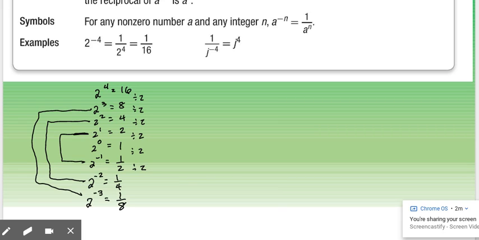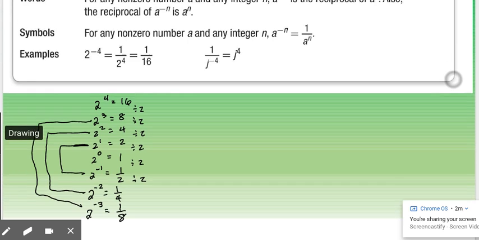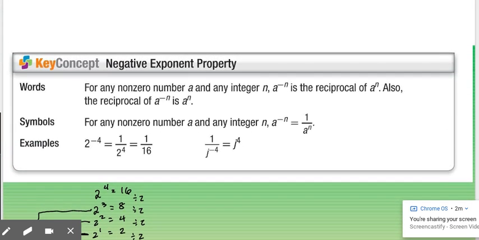Now, the majority of the time, guys, you are going to see a negative exponent, and it's going to be more like this first example. The negative exponent is going to take your base and move it to the bottom. What I want you to notice is that it does not change the sign of the number.